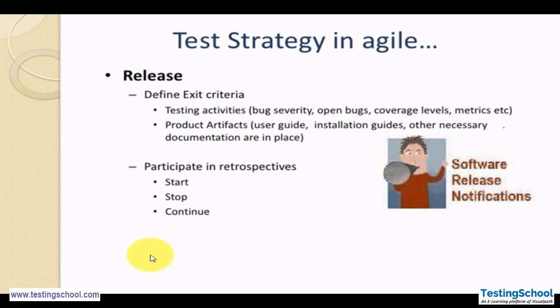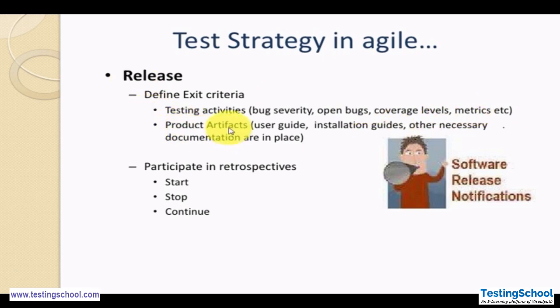In this we define the exit criteria. How will we see that we are coming out of that sprint? We will make sure that our testing activities are done or completed, like bug severity, open bugs, coverage level, matrix. So all the documents and all the defects are completed. Then we say that we met our exit criteria.